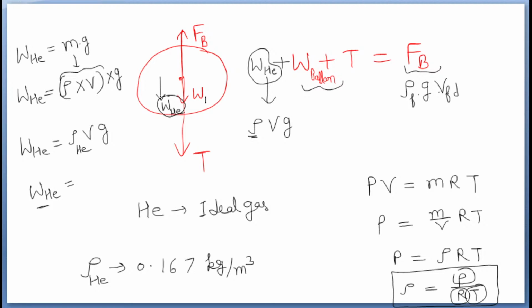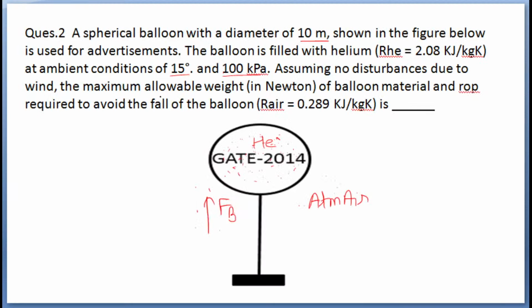Rest things are as in the previous case, very simple. The important thing is the weight of the helium. That's why I took this question, to tell you that you have to calculate the weight of helium gas also, and in the upward direction you have to consider the atmospheric air.